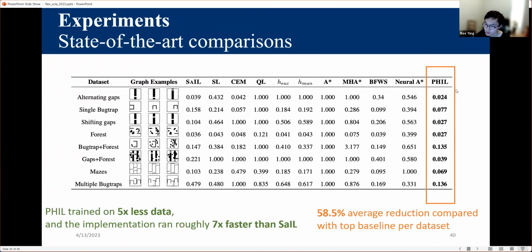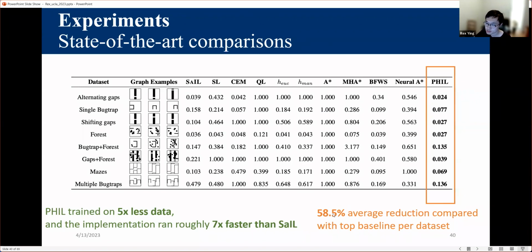What we found is that FAIL, which is our method called path heuristic imitation learning, on average, for example in the first line, in this first maze-like environment, and I guess all of them are maze-like environments, only explores, say, 2% of the space compared to the A star algorithm.